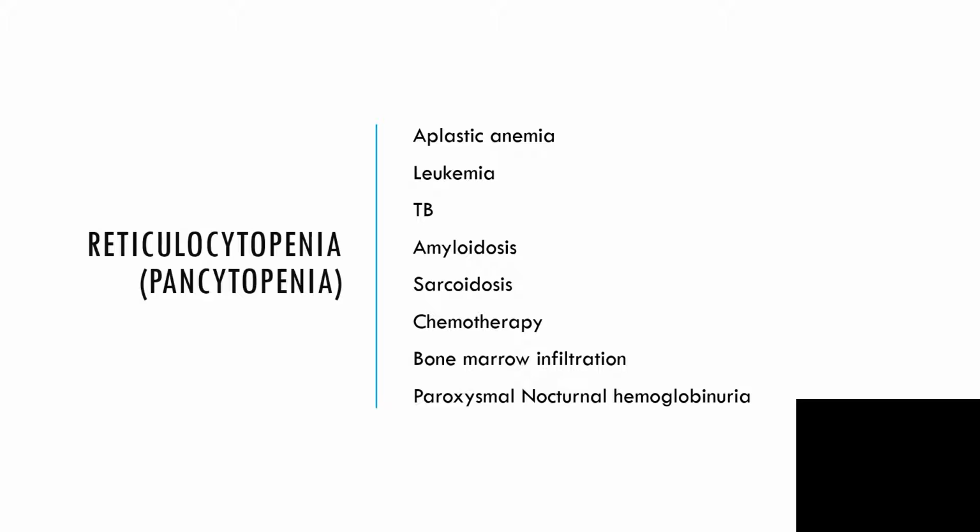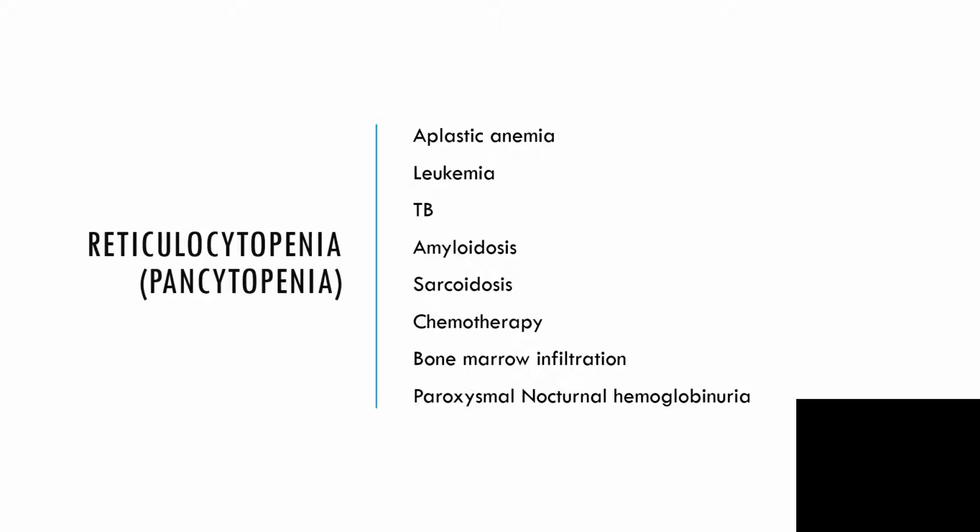Sometimes when you assay the reticulocytes, the level is going to be very low, and that is reticulocytopenia. But you might not be so shocked if there is pancytopenia, which means all other cell lines are also down.